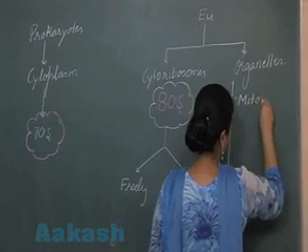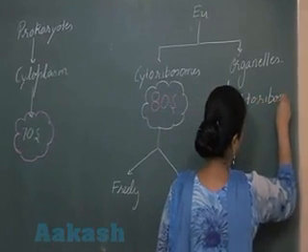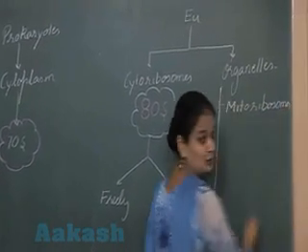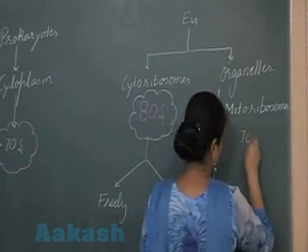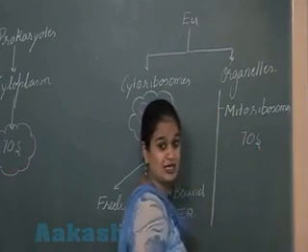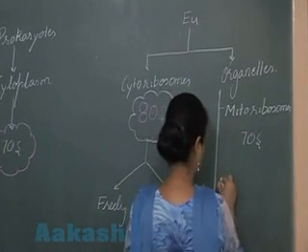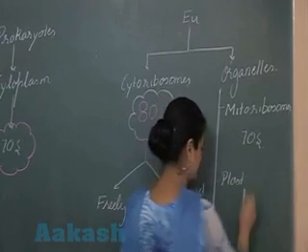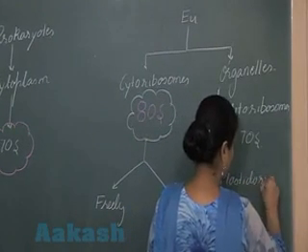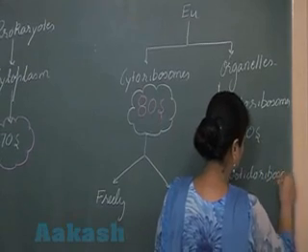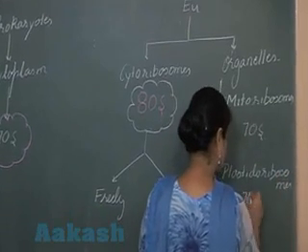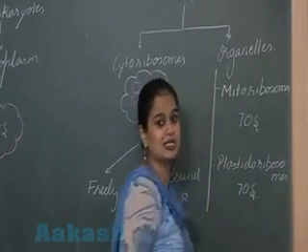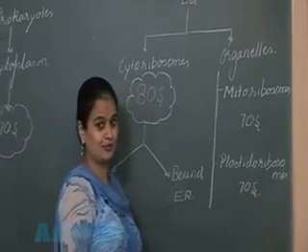The ribosomes present inside mitochondria, you can call them mitoribosomes. And these ribosomes are 70S type. And the ribosomes present inside plastids, inside chloroplast, are known as plastidoribosomes, and the plastidoribosomes are also 70S type.